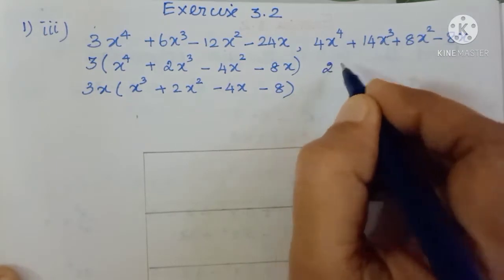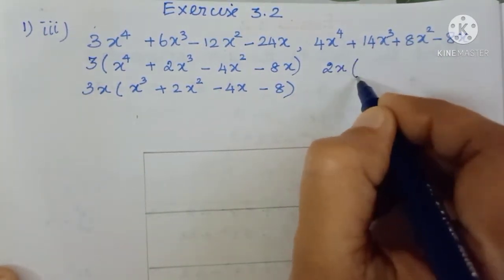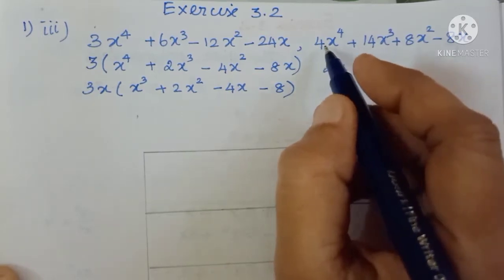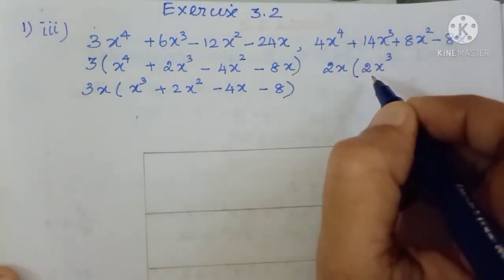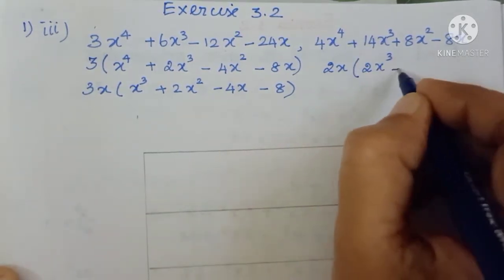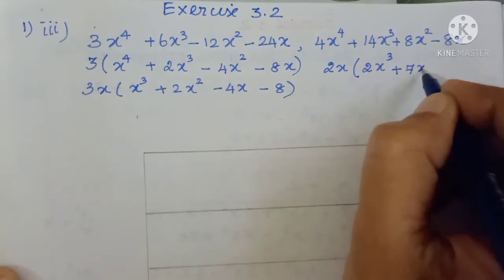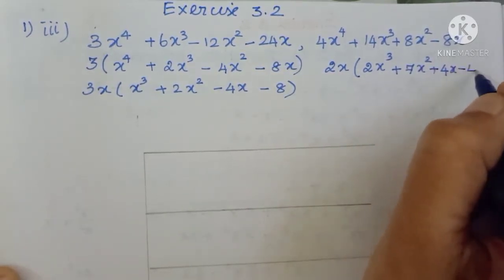So 2 and the variable also common here. So I am going to take here 2x into. So inside what you will get: 2x cube. So 1 two comes outside, means another 1 two is balance. So 2x into 2x cube plus 7x squared plus 4x minus 4.